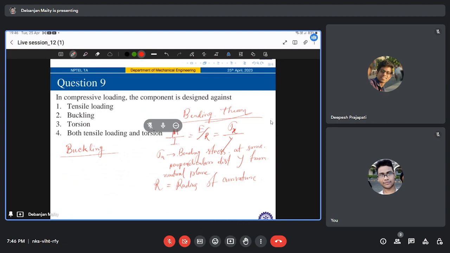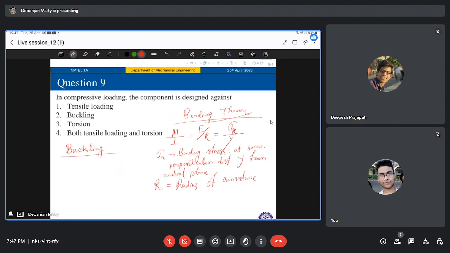So basically, in case of compressive loading, the members will be subjected to some kind of crushing if the stress generated exceeds the compressive strength of the material, right? But that is very rare.